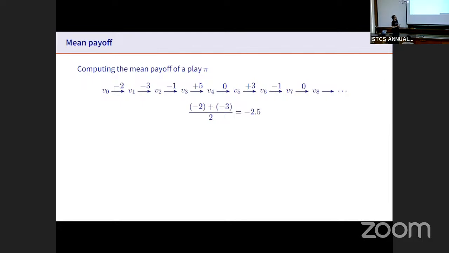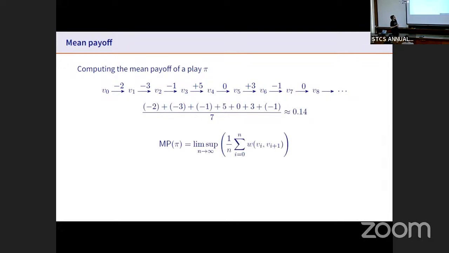So we compute the total payoff you get in the first n steps, and you divide by n, and you take the limit as n goes to infinity. This is the payoff that player one receives from player two.